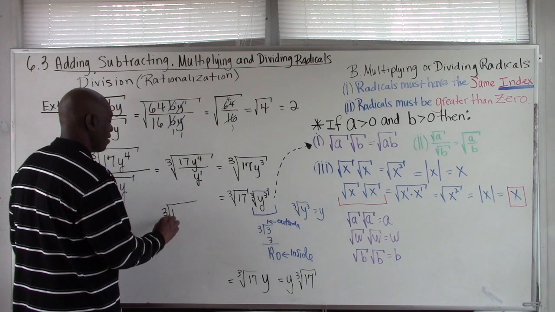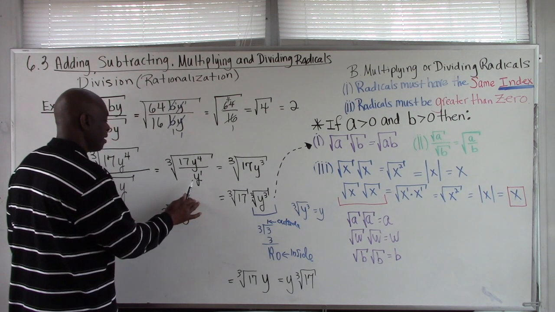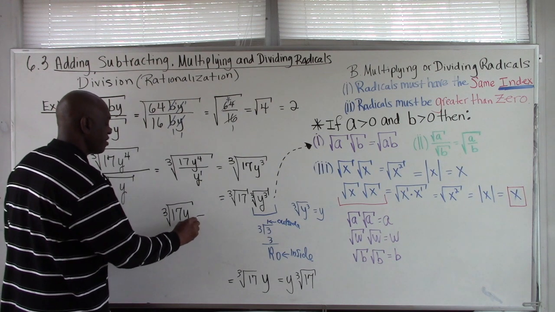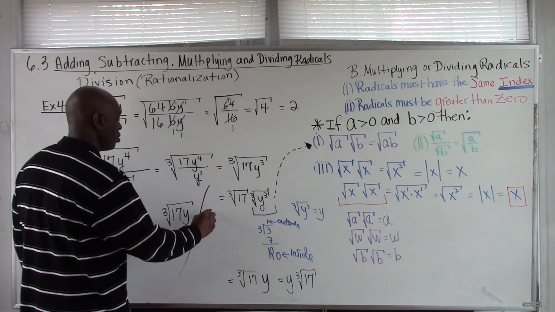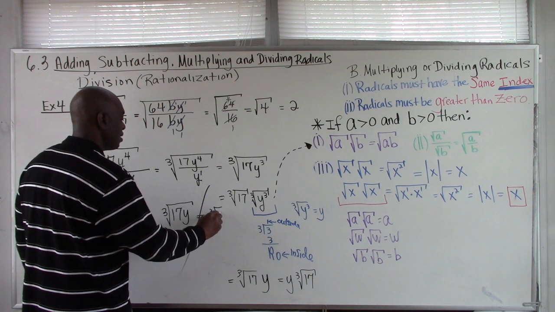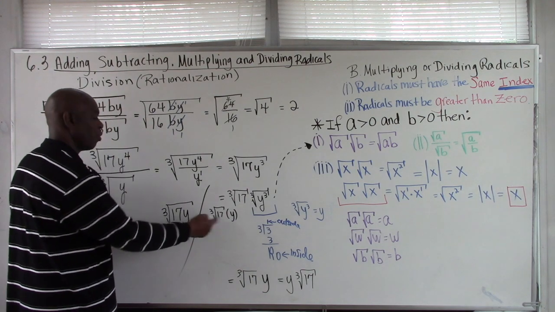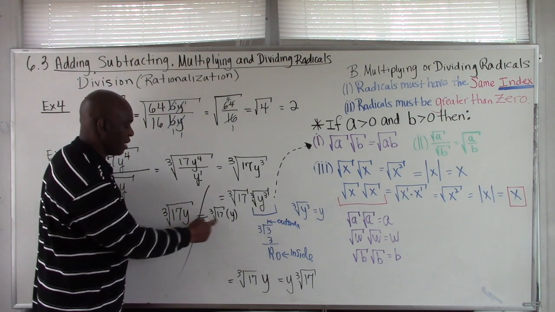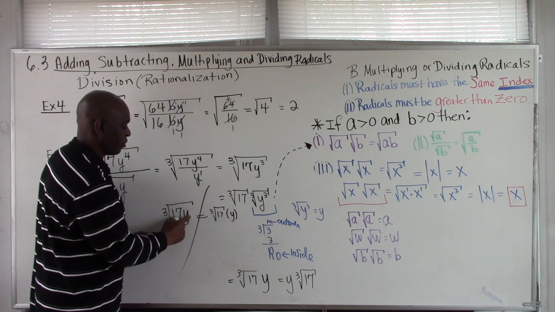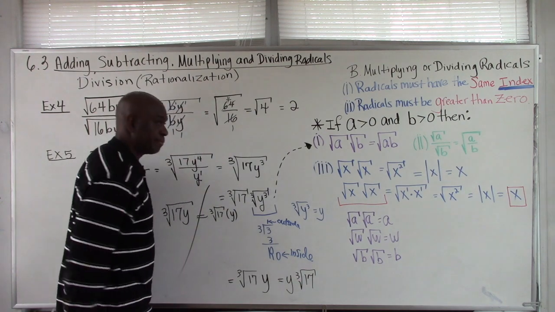The cube root of 17y, you see that? That is not the same as the cube root of 17 with the y on the outside. These two are way different, totally different. And I don't want you to make this mistake by putting the y under the radical. That's why I write the y first, then the radical.